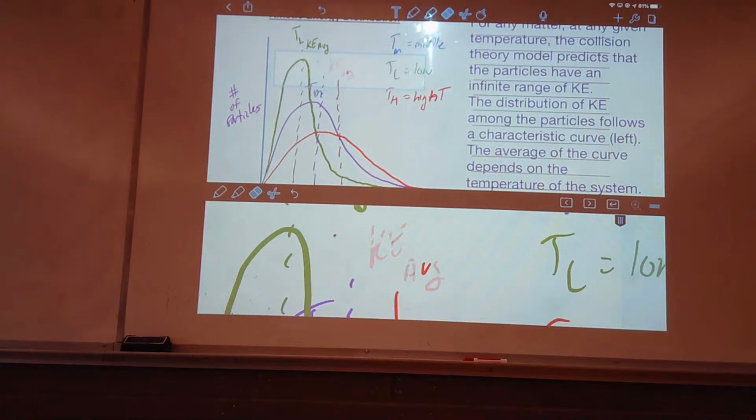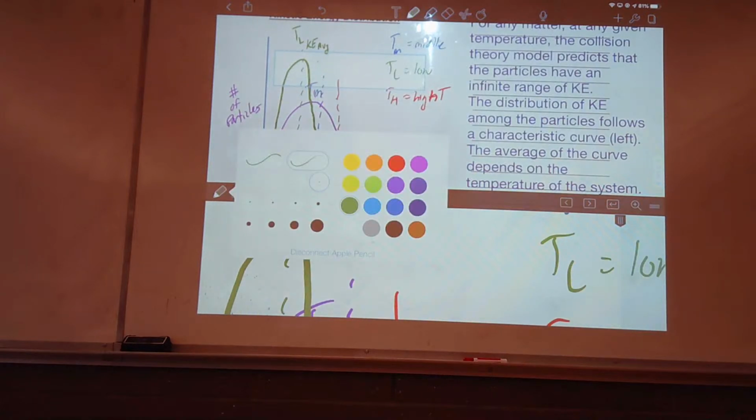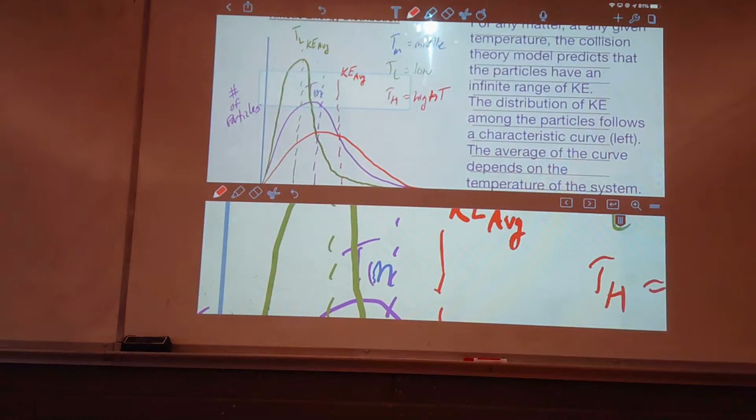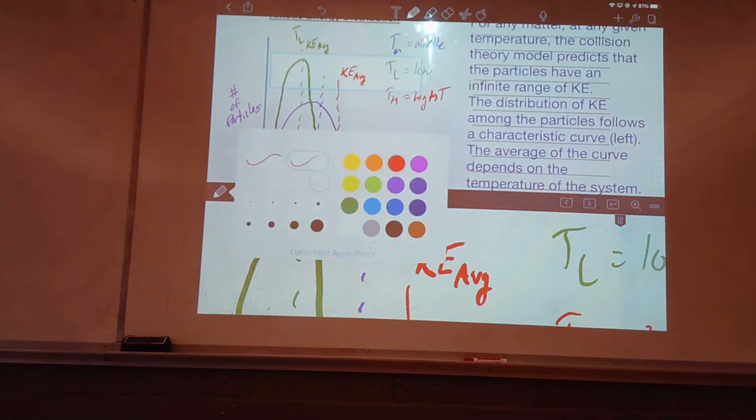So in this way, what do you suppose? I believe we talked about this a little bit before, but when we measure temperature, what are we actually measuring? Correct.